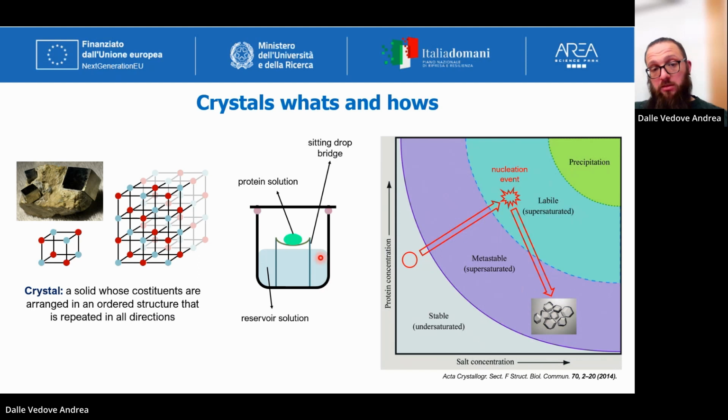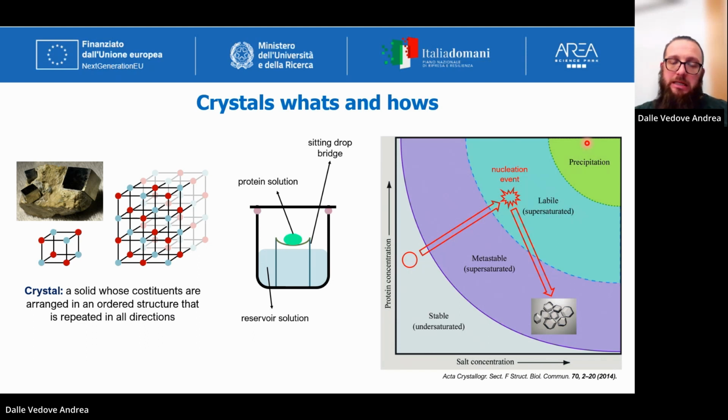The components of the reservoir solution determine how the system moves in the phase diagram. If we have an excessive dehydration of the drop, or the system, because the temperature of the experiment is wrong, goes too fast in concentrating, we just jump the metastable area, the supersaturated states, and we have precipitation and we have nothing.